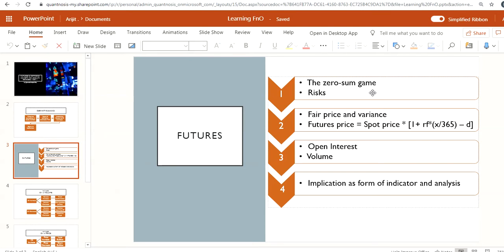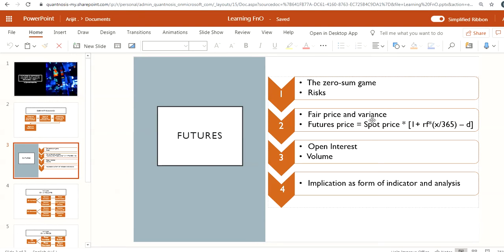The person who thinks it will go up is buying, and the person who thinks it will go down is selling. Based on one buying and one selling, one contract is created. But at expiry, the price goes to either side, which means one of them loses and one of them wins. That is why it is called a zero sum game. Basically the money is transferred from the loser to the winner in the case of futures.